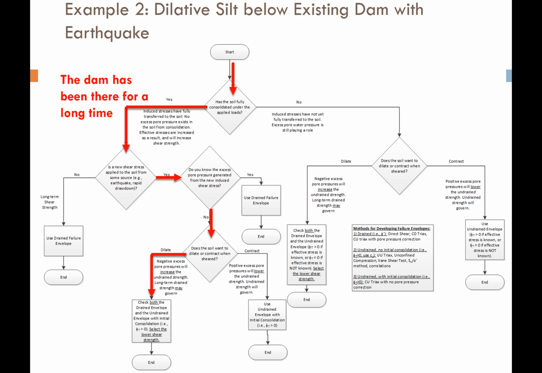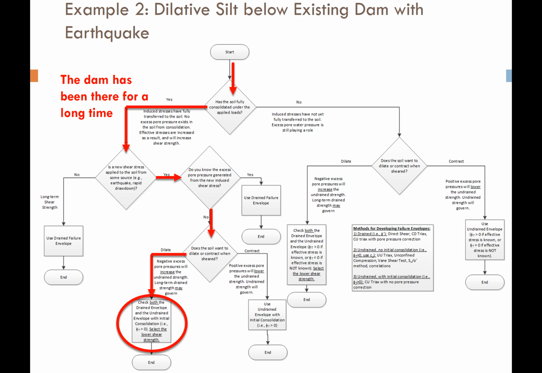The strengths are going to come back down because the soil will lose the vacuum effect and will equilibrate, and we won't have any more excess pore pressures in the long run. So what we want to do then is check both the drained envelope and the undrained envelope with the initial consolidation from the dam. And then whichever of those two shear strengths is lower is the one that we want to design for.